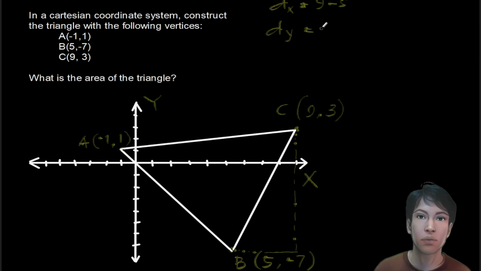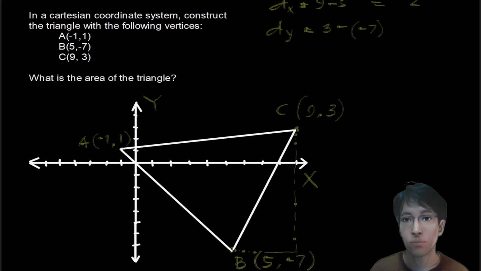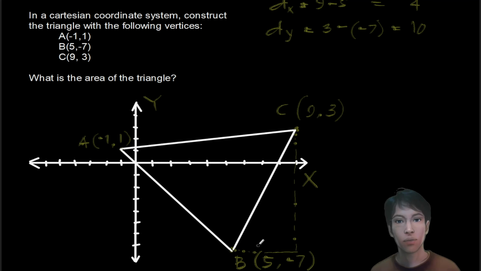That will be 3 minus negative 7. So 9 minus 5 is 4, and this one gives us 10.